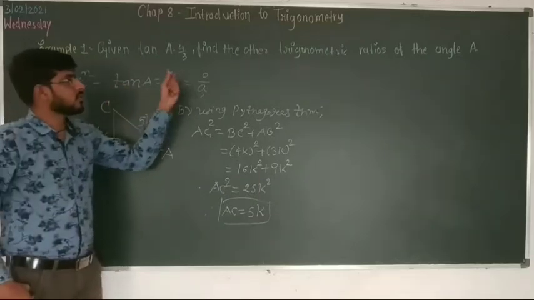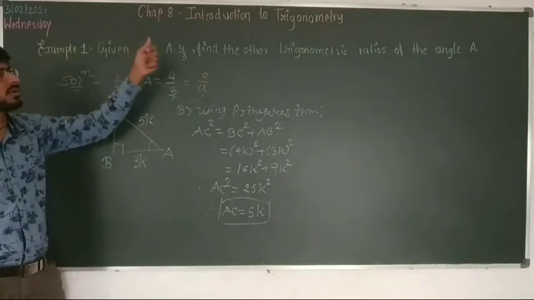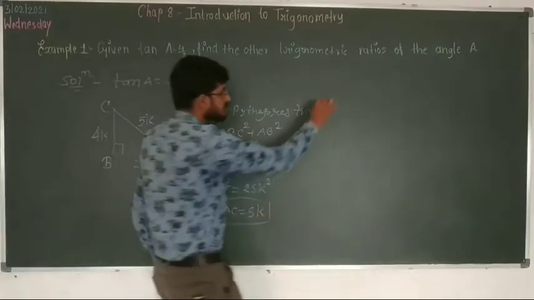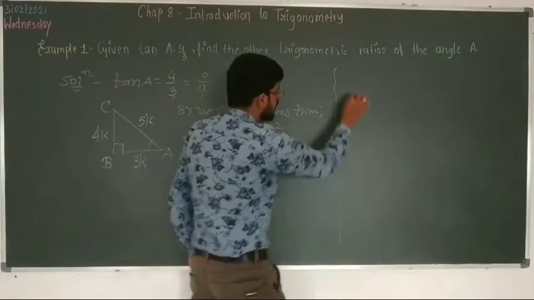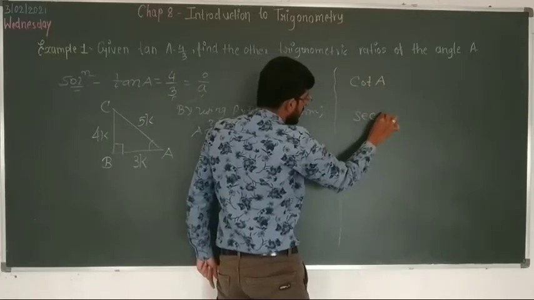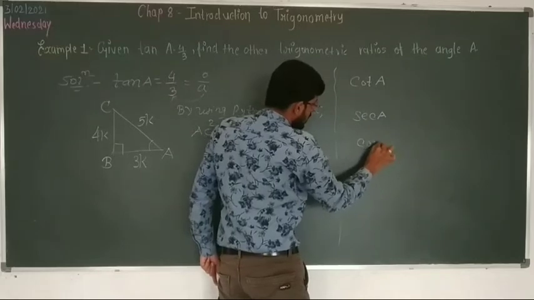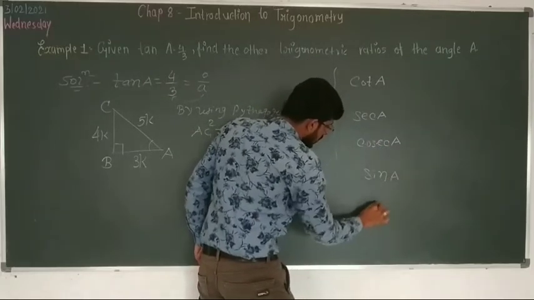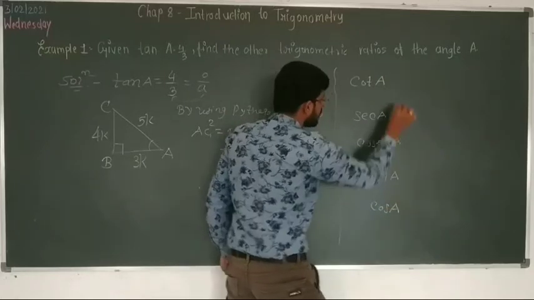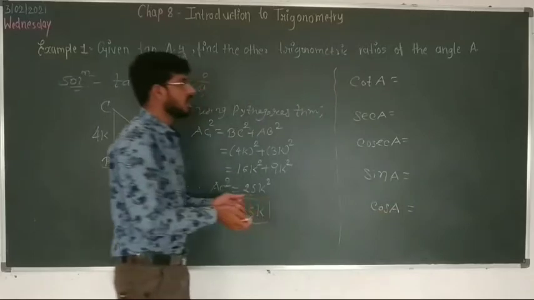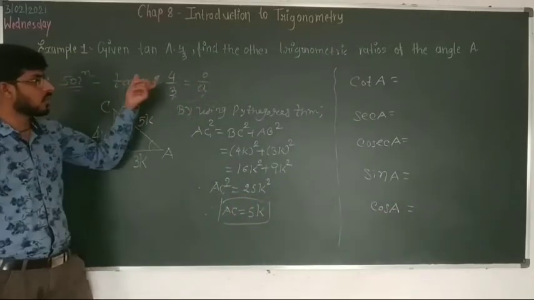Now see, what is our question? We have to find all other trigonometric ratios. It means tan is given, so we have to find cotangent, secant, cosecant, and sin. Now, what is the formula for finding cot A?